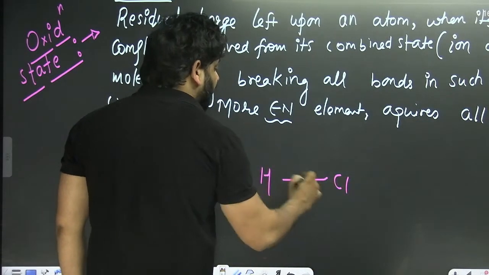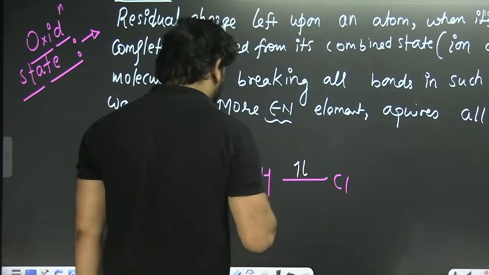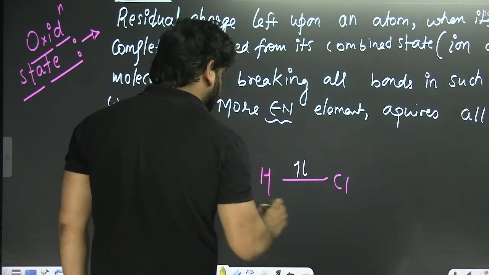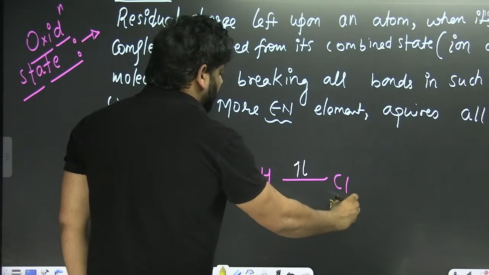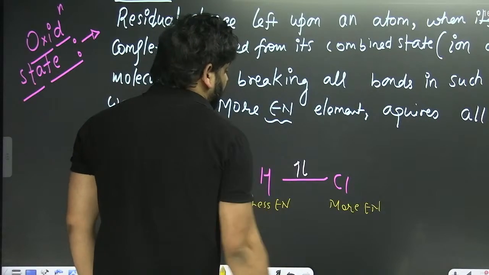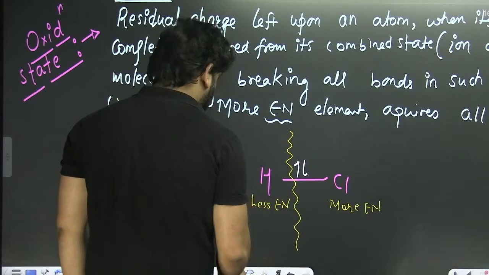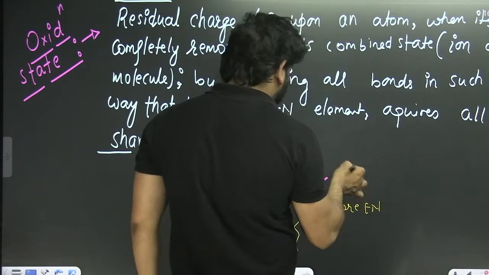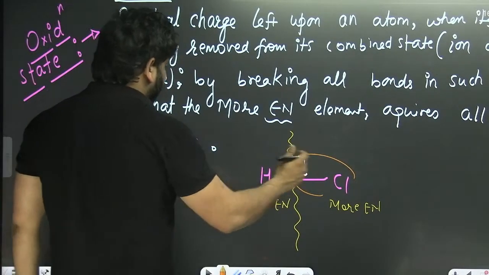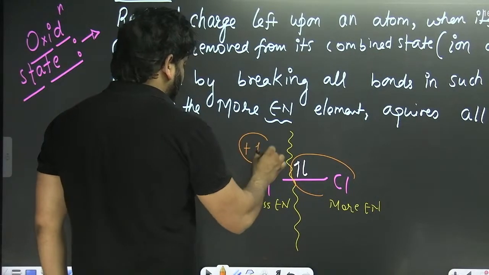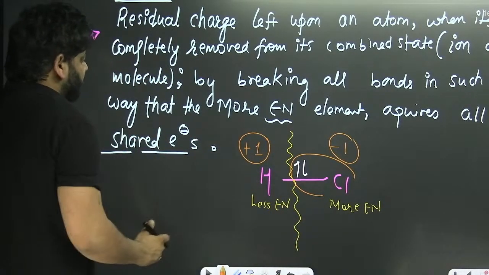There are 2 electrons shared by these two, and chlorine is more electronegative. We have to break this bond in such a way that the more electronegative element acquires both electrons. After acquiring both electrons, how much charge does it get after losing one? Positive 1, and this will acquire a negative 1. The overall molecule is neutral. Plus 1 and minus 1 are the residual charges.